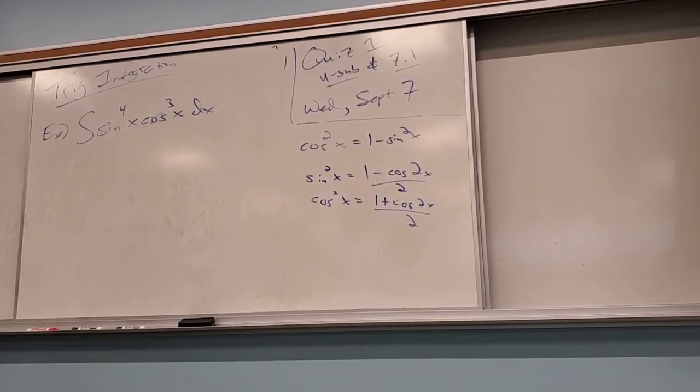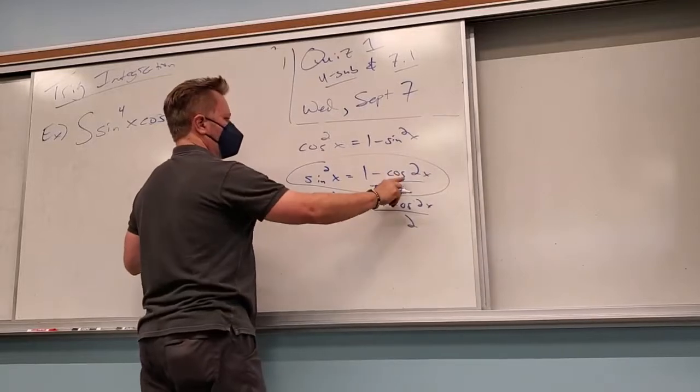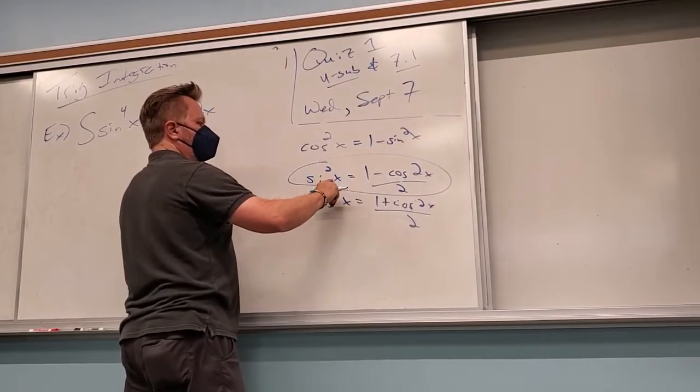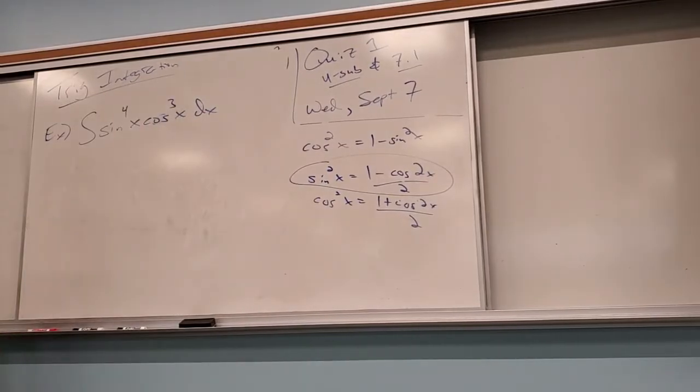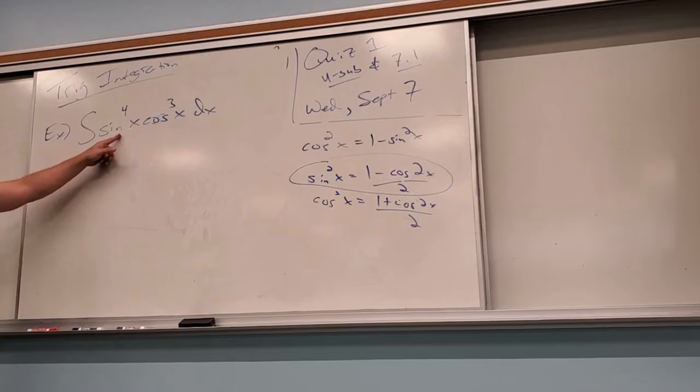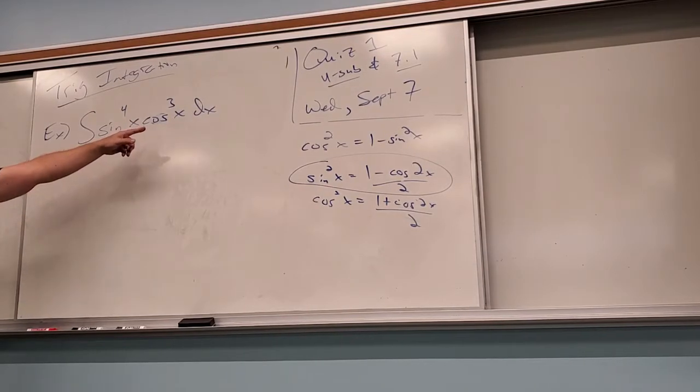So it seems like u sub should work. I've got to be worried about one thing. I can only rewrite something in terms of the other trig function if I have an even number of those things. So I have an even number of sines, right? But I have an odd number of cosines.